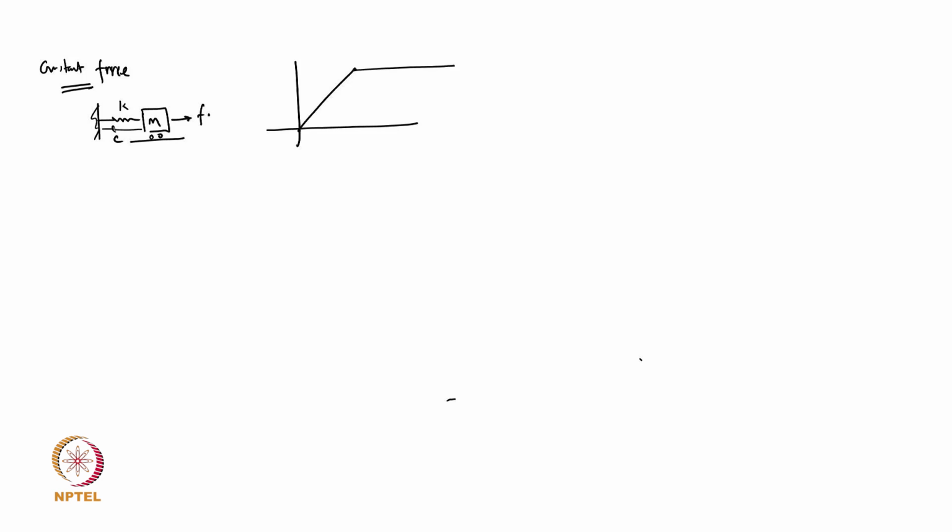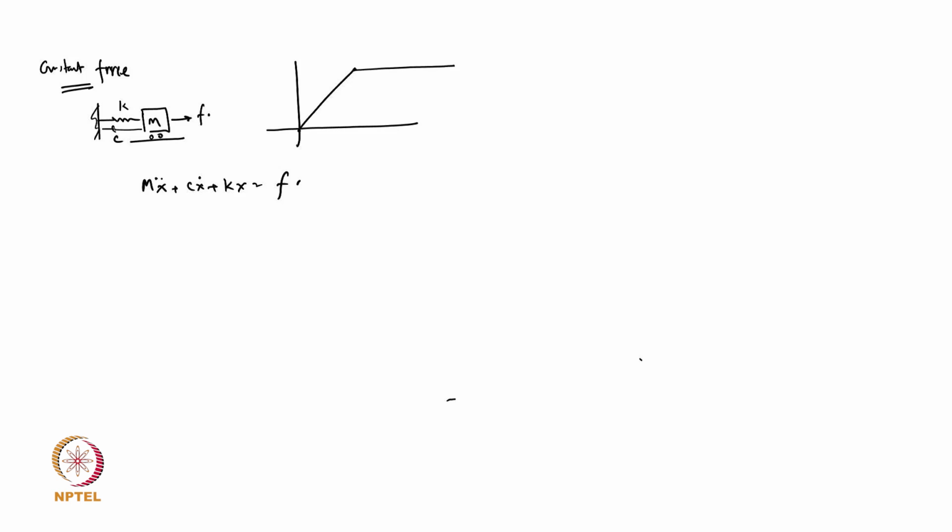So first, let's see how we can write the equation, and then try to understand how things will happen. So how are the forces? M x double dot plus C x dot plus K x equals F. Agreed?